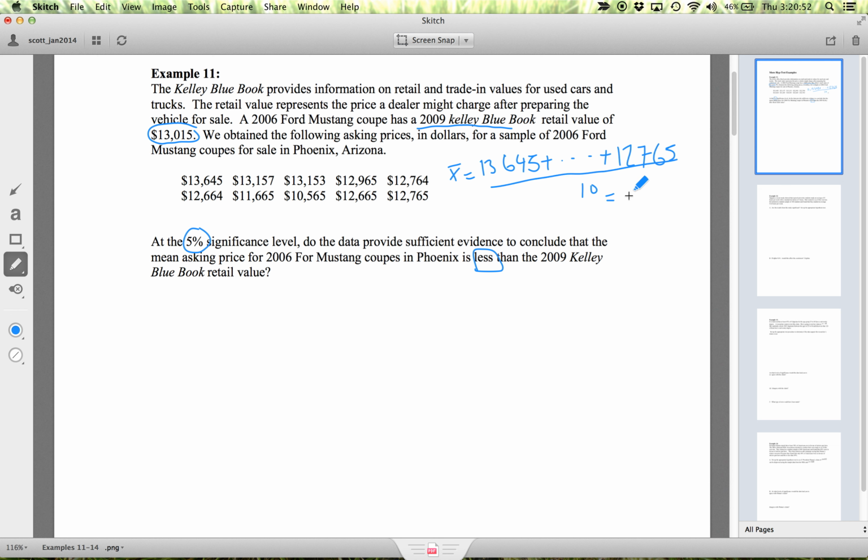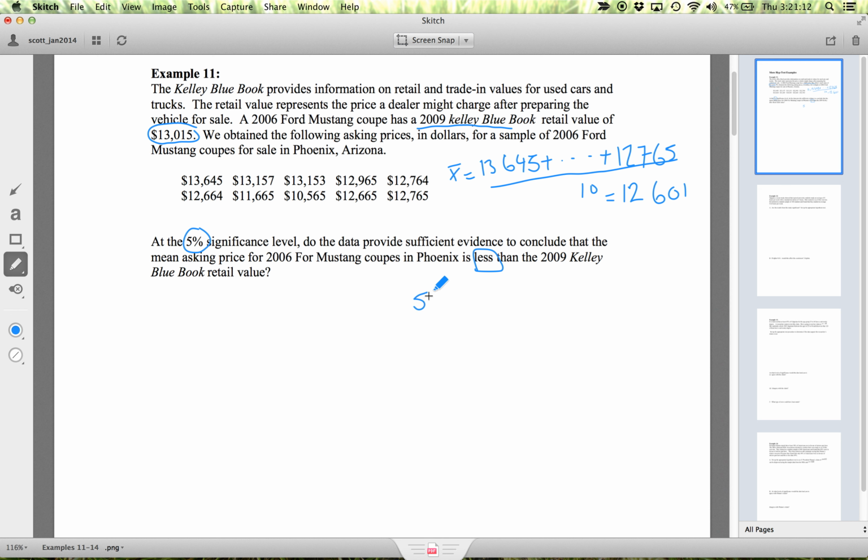If you did this, it might take you some time, but you would find that this average is $12,601. The other sample statistic that we'll need is the sample standard deviation. This is going to be a little bit more difficult to calculate.